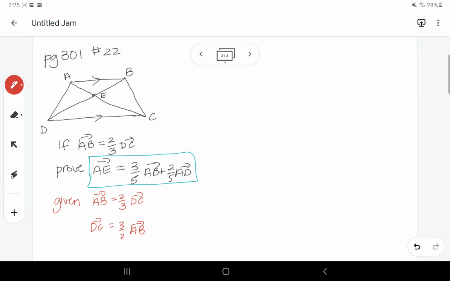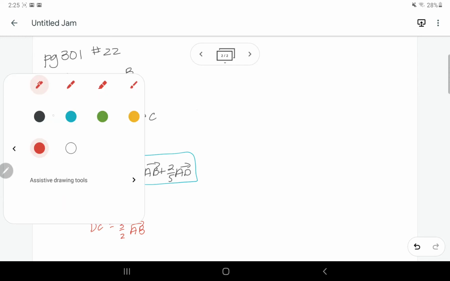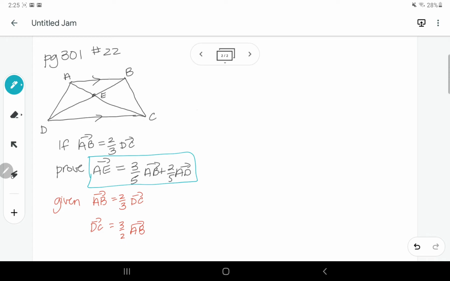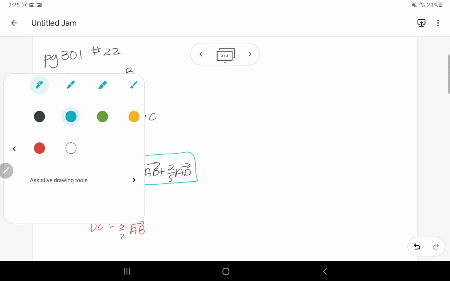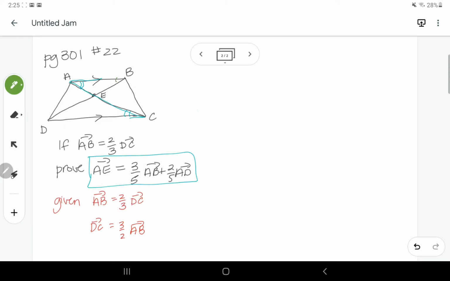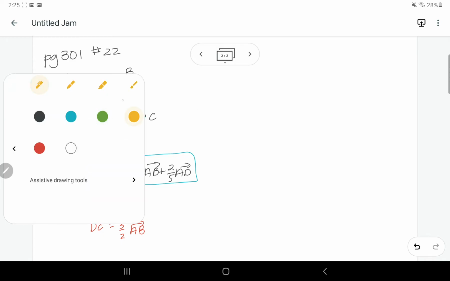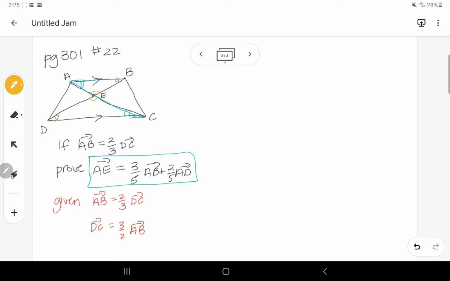We can apply similar triangles to this because we've got some Z patterns, so that would be equal angles, and these B and D in there would be equal, and of course those opposite angles are equal.